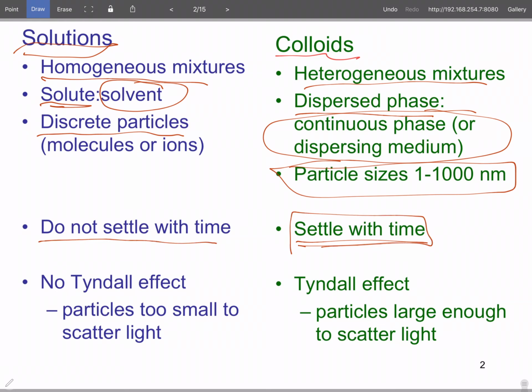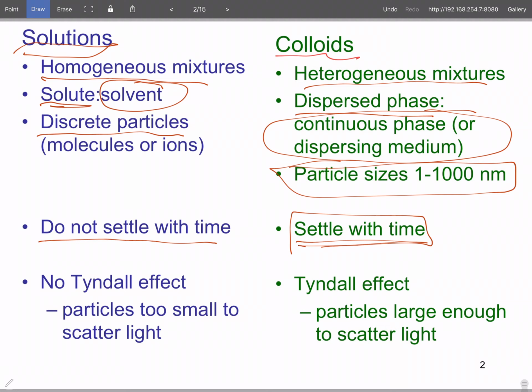Now, some biologists, depending upon which subject you're in, may take it as a solution if it takes 24 or 48 hours to settle. Again, in chemistry, that's a colloid. In biology, that may be a solution. So just be careful of who you're talking to as to how rigid their definition is.